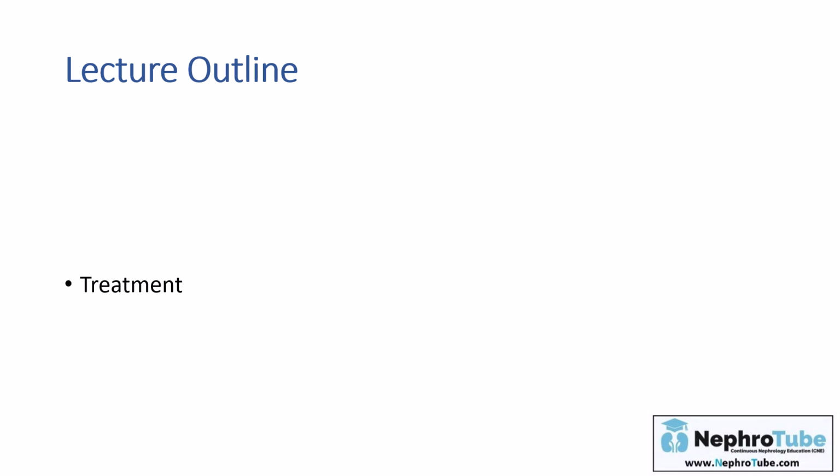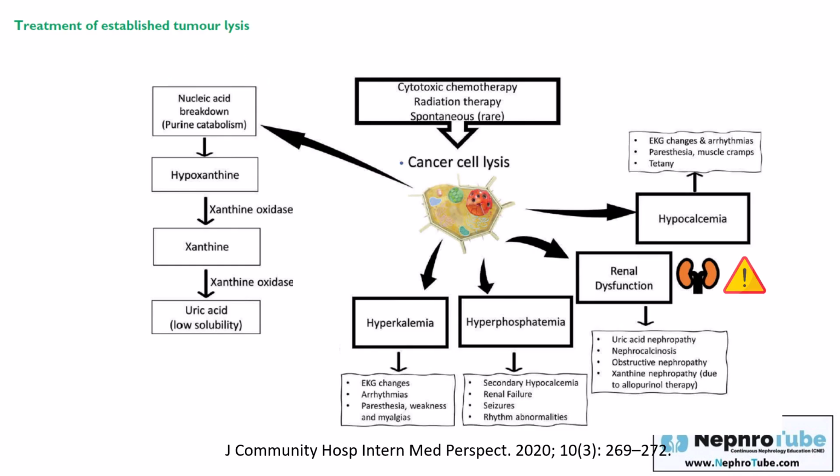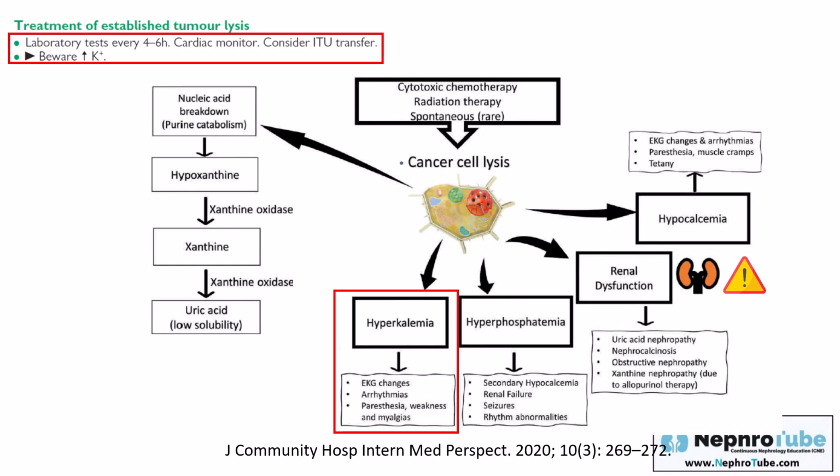What if the patient developed tumor lysis syndrome? First of all, you have to follow electrolyte disturbances with laboratory tests every 4 to 6 hours. You have to monitor the cardiac condition of the patient and be aware of hyperkalemia. If there is hyperkalemia, you have to treat it. We will later discuss management of hyperkalemia in another course, the acid-base disturbances and electrolytes course.